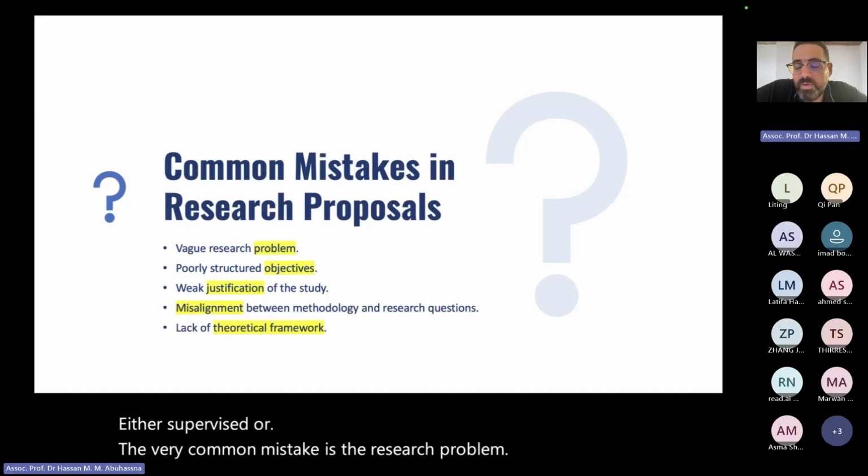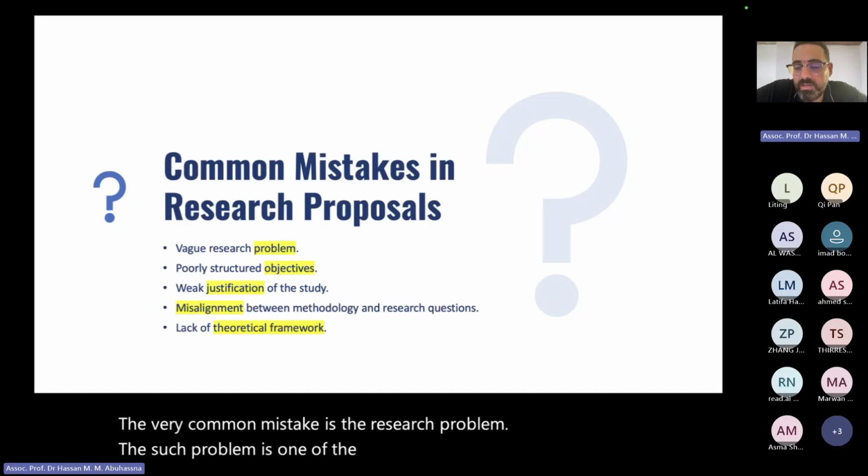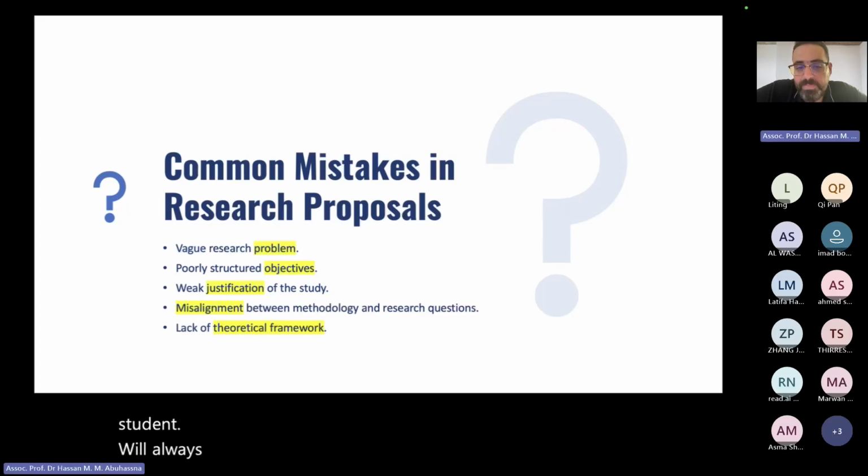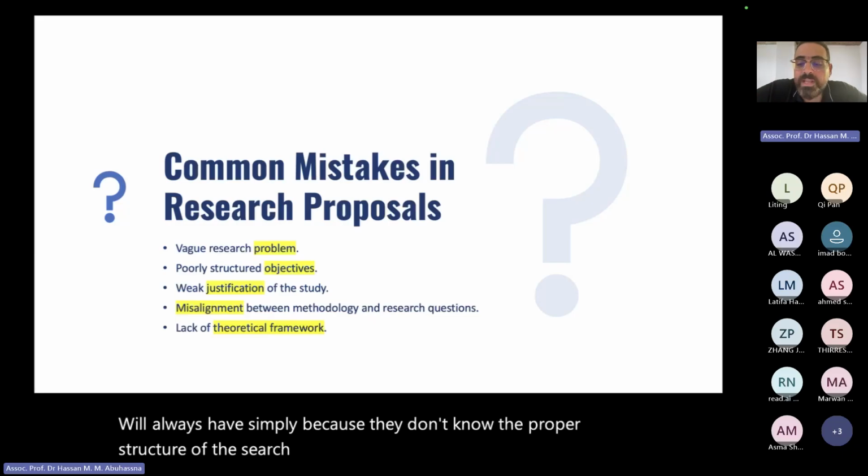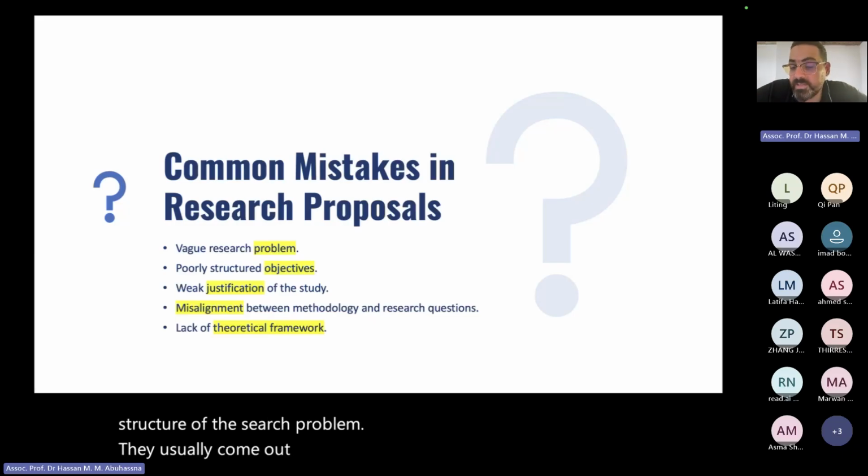Research problem is one of the biggest struggles, challenges that the student will always have, simply because they don't know the proper structure of the research problem. They usually come out with reasons, not a research problem.